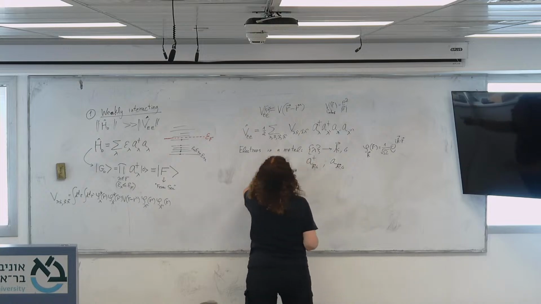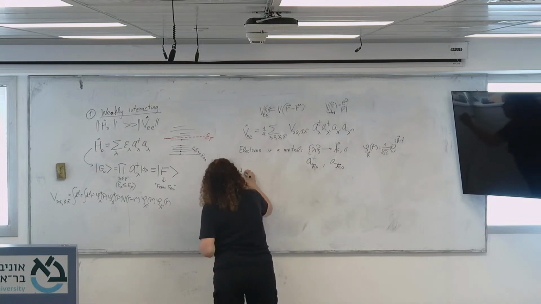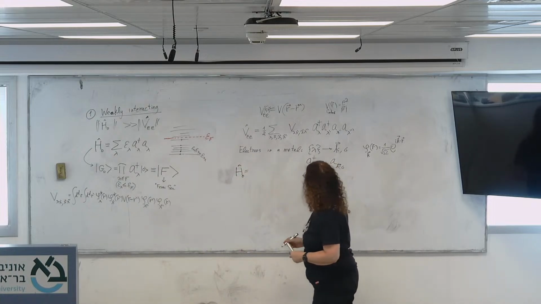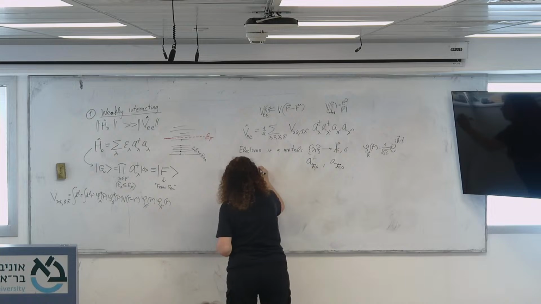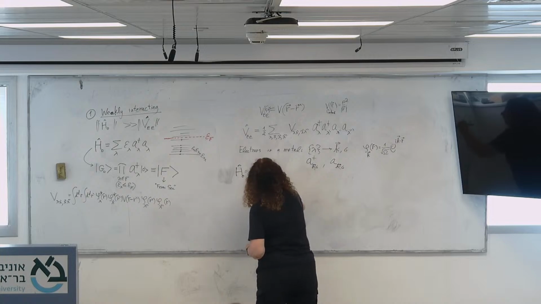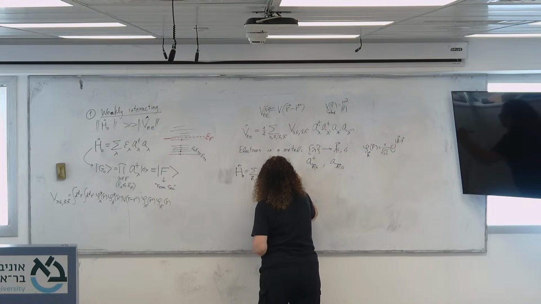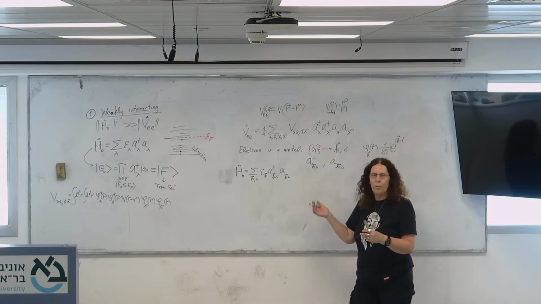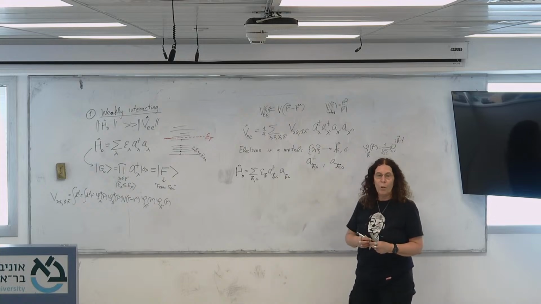So in that case, first of all, let me write H naught, which is the single particle part of the Hamiltonian, can be expressed as a sum over k and sigma of epsilon k a_k sigma dagger a_k sigma, because the kinetic energy doesn't depend on the spin unless you put a magnetic field, but let's assume we don't.